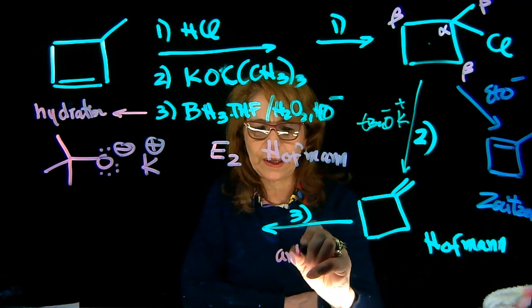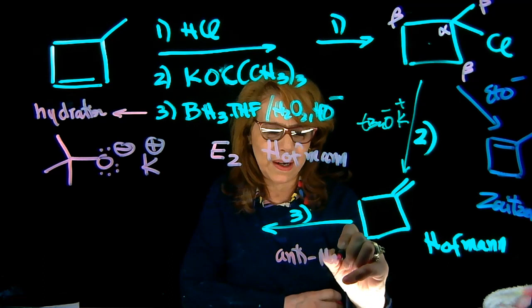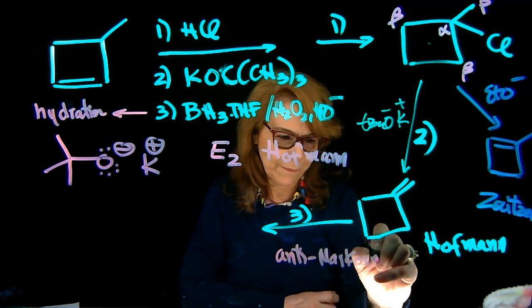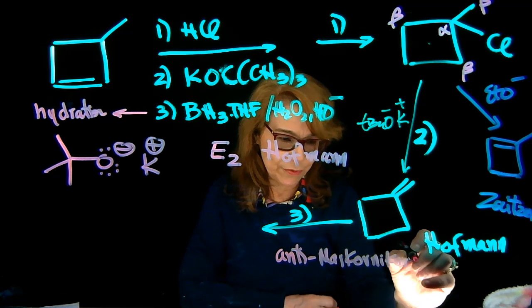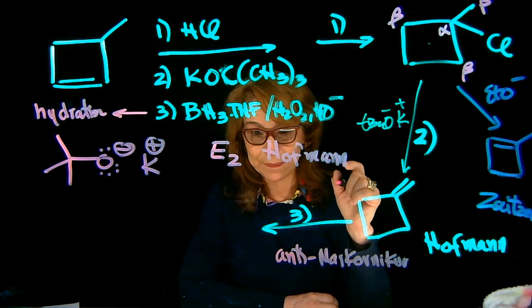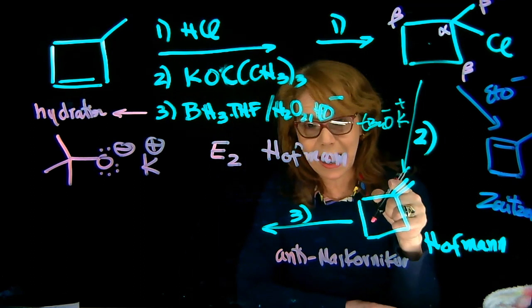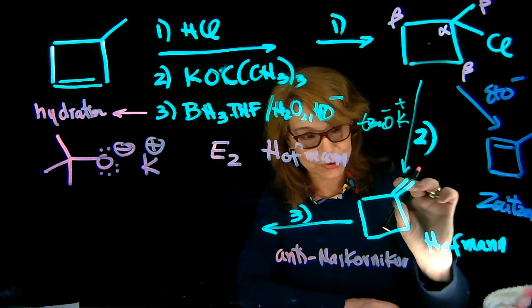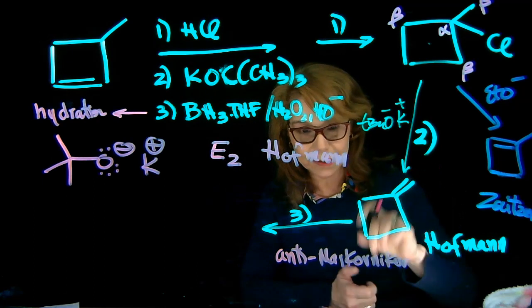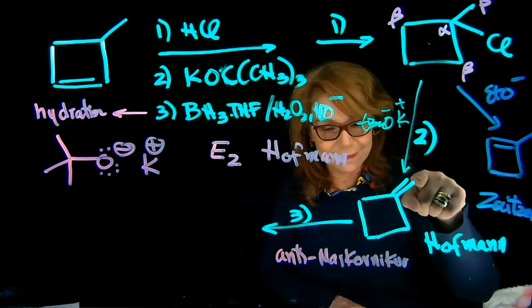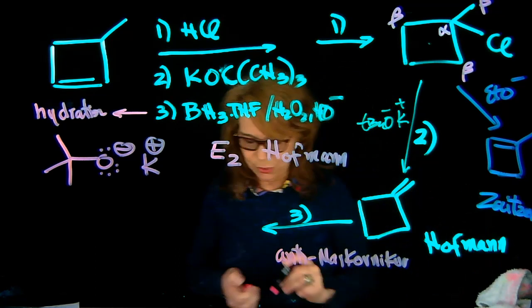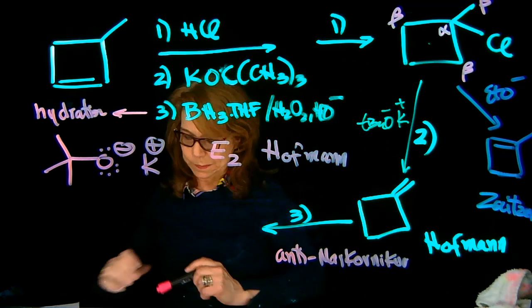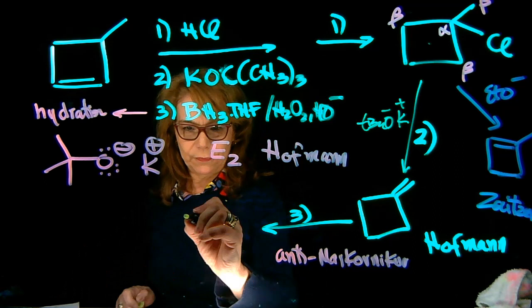If we're doing an anti-Markovnikov hydration at this point, that means that you will add the H at the more substituted carbon. So you are adding H and OH across the double bond. So the H here and the OH here. So the product of that reaction would be the following.